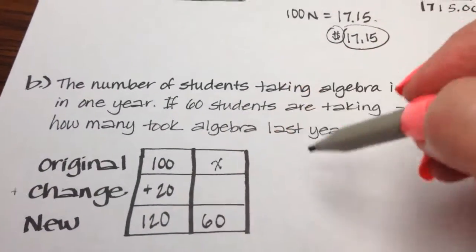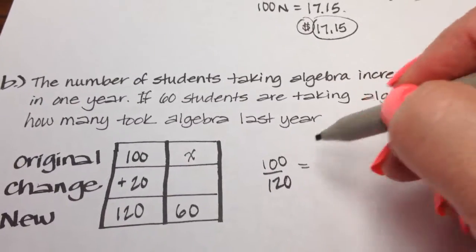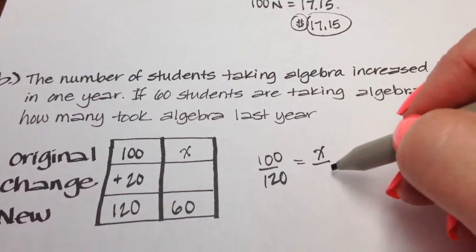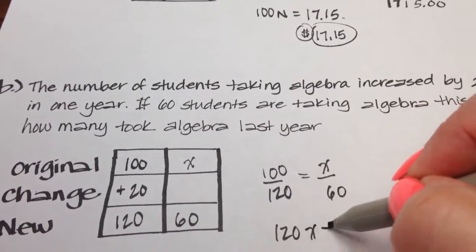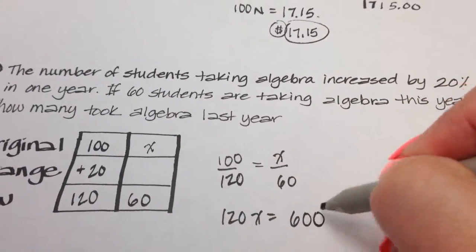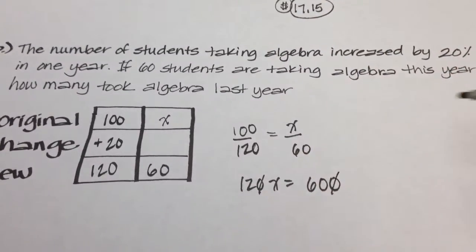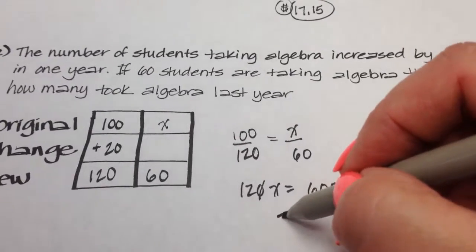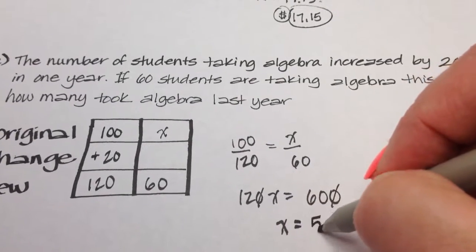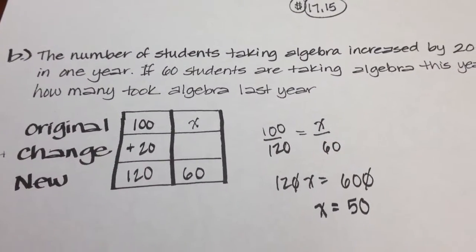So I'm going to do 100 is to 120 as x is to 60. Okay, so I got 120x equals 600. Well, easy peasy, I'm going to divide them both by 10. So now 12 goes into 60 how many times? Well, 5, but now remember we had that 0 there. So I had 50 kids last year.